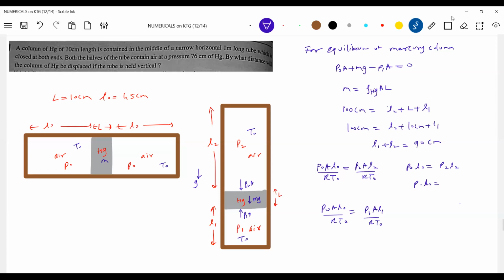So this will become P2, similarly P naught L naught.